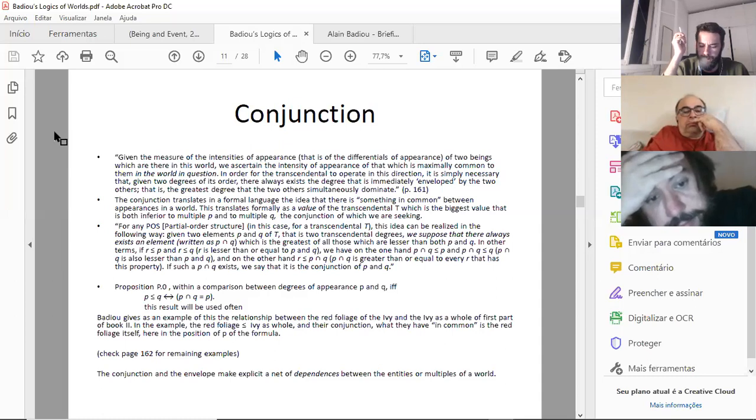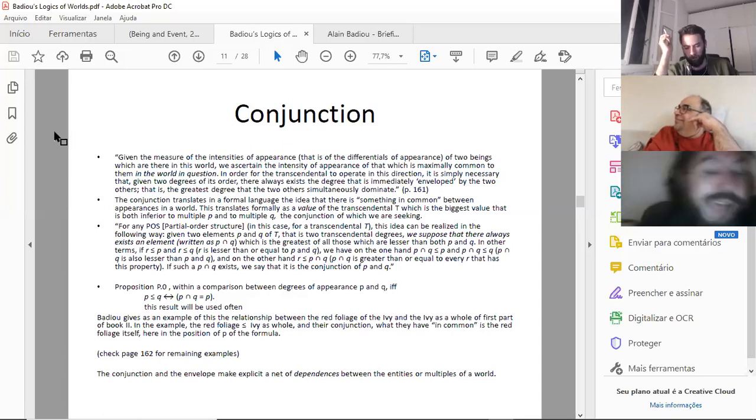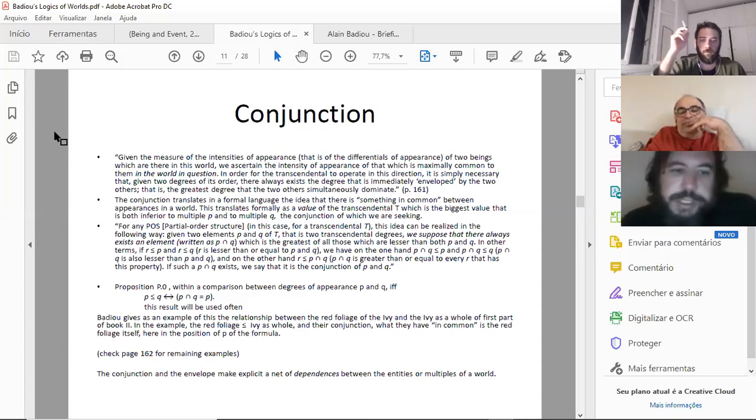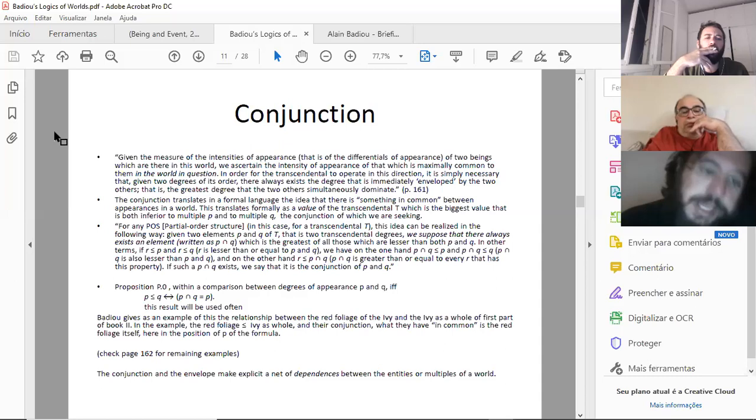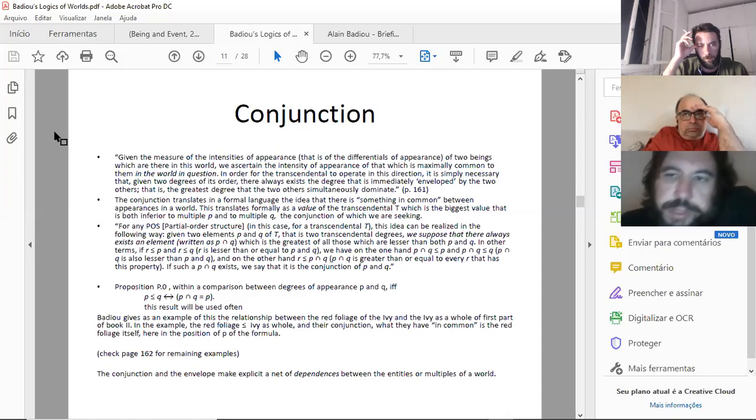Sometimes I was having trouble localizing the operative actuality of the proposition P0, which states that within a comparison between degrees of appearance P and Q, if P is lesser than or equal to Q, then the conjunction of P and Q equals P. So the conjunction seems to be always equal to the lesser value of both.